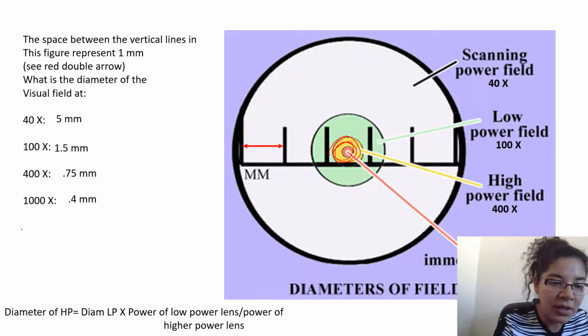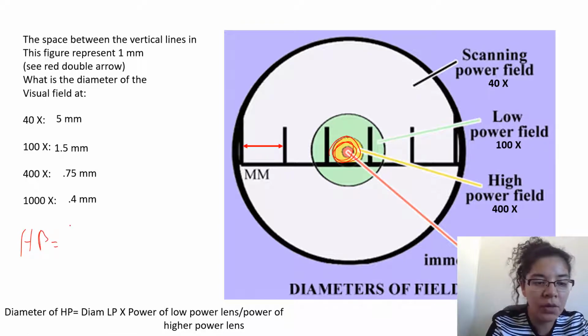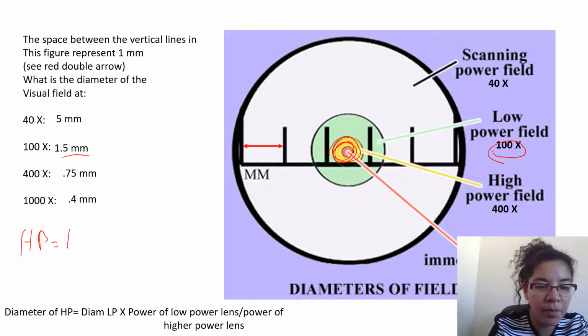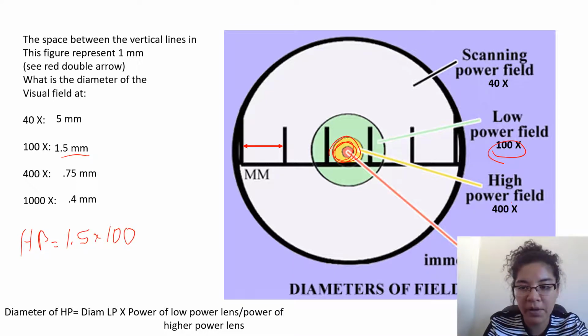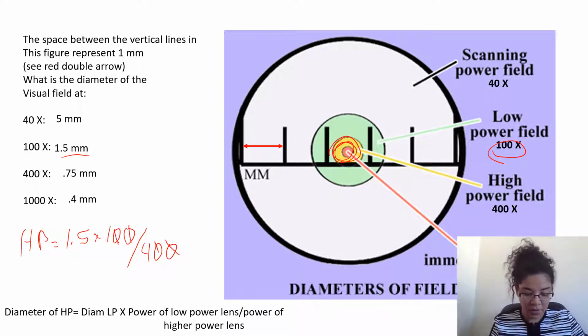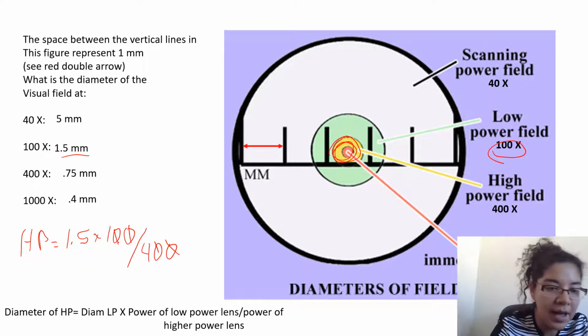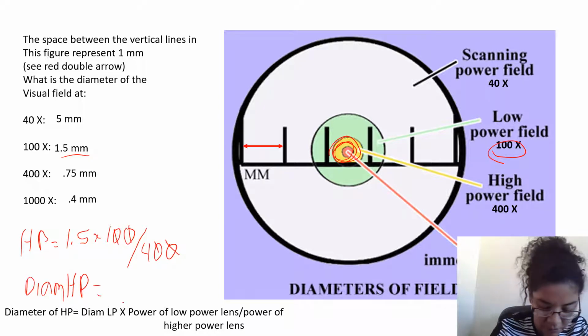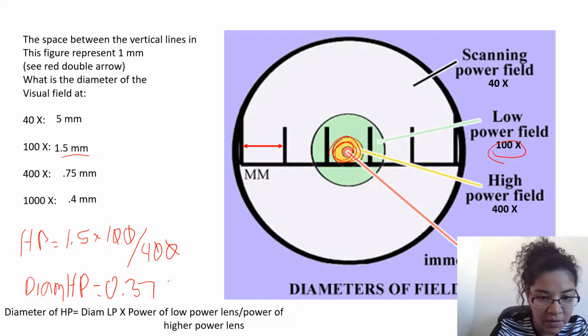Diameter of high power, our unknown, equals diameter of low power, times the power of the low power, divided by the power of the high power lens. The low power is 100x, and its diameter is 1.5, so we calculate the high power diameter: 1.5 times 0.25, which equals 0.375.